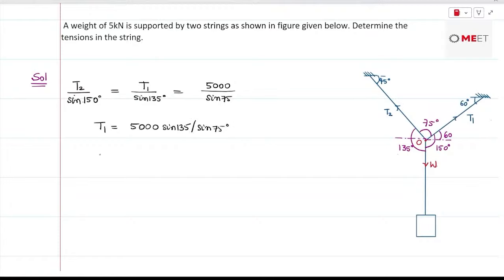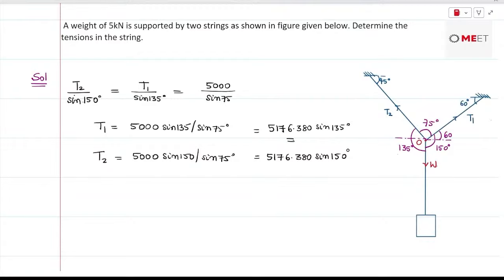Next is T2 equal to 5000 into sine 150 divided by sine 75. You can do the calculation for these. Let me just check it. 5176.380 into sine 135, and 5176.380 into sine 150.